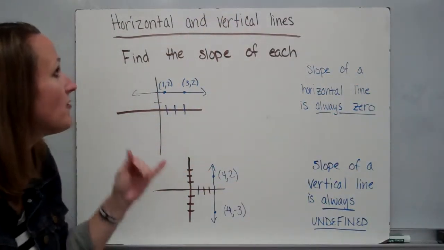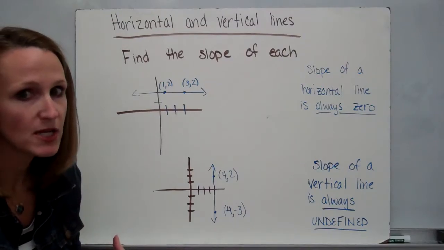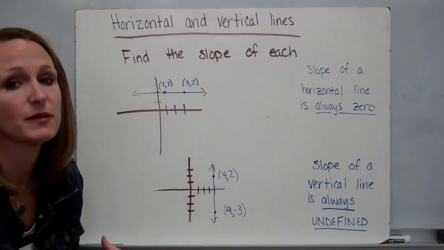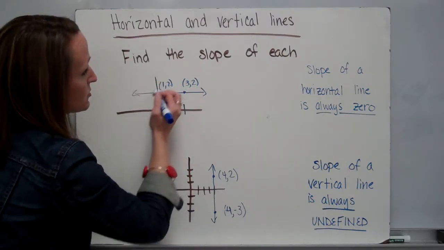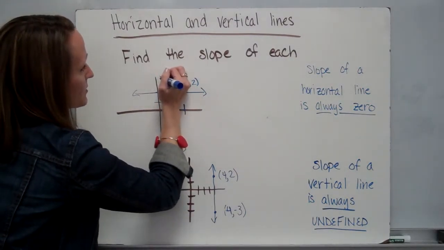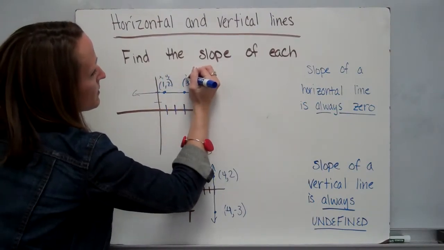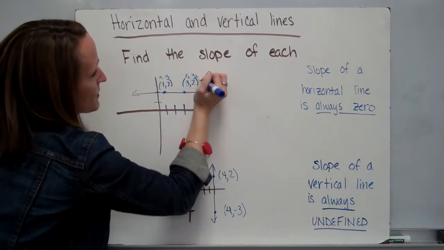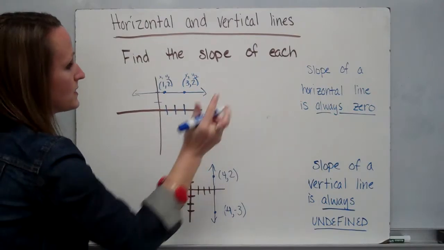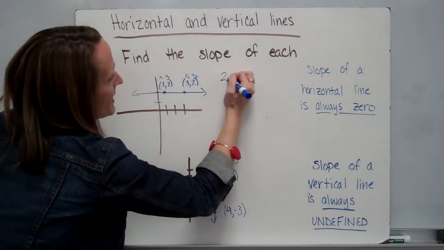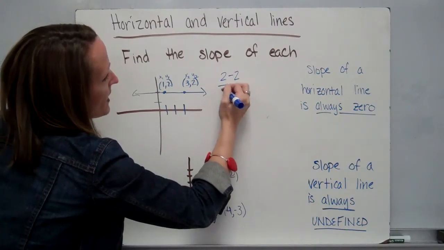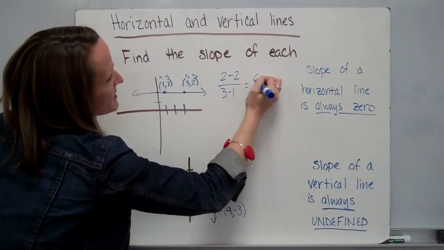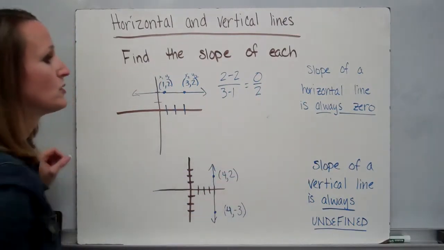Okay, so what if we have a vertical or horizontal line? This doesn't change how you solve your slope, but these two are always going to have the exact same slope. Watch what happens. So in this horizontal line, when I do y2 minus y1 over x2 minus x1, I'm going to get 0 over 2.